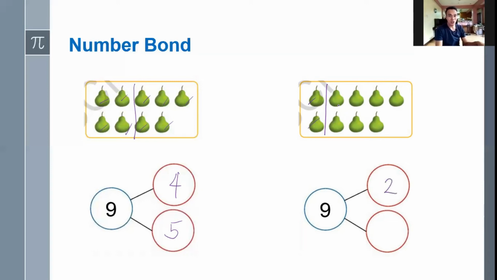In the second group, there are 1, 2, 3, 4, 5, 6, 7. We write here 7. 2 and 7 also make 9. There are other possible answers. You can just tell me your answers during our Zoom session.